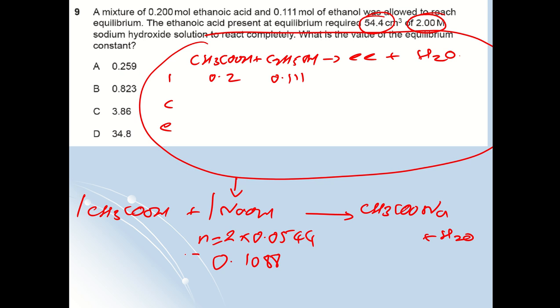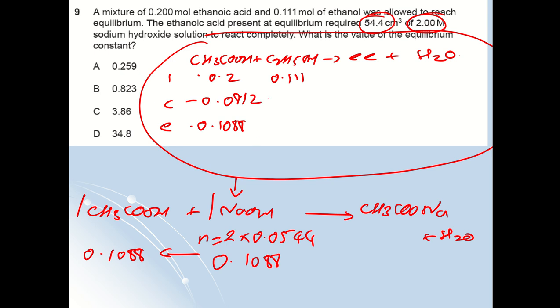That tells me, therefore, the amount of ethanoic acid that was left over at the end has to be that, because all the ethanoic acid reacts with the sodium hydroxide. That allows me then to fill in this value here, 0.1088, which then allows me to work out how much of the ethanoic acid actually reacted.